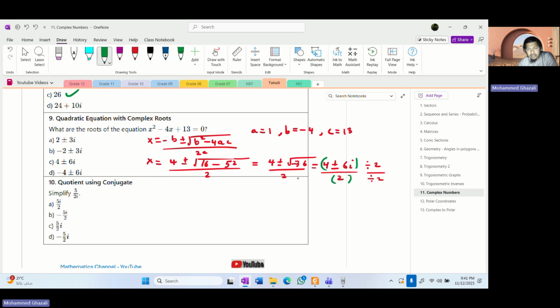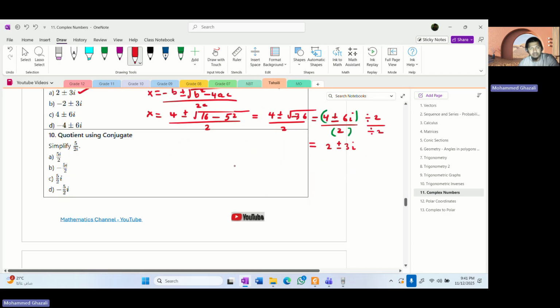So you have to divide each term by 2. 4 divided by 2 is 2. 6 divided by 2 is 3. 2 divided by 2 is 1, all right? So 2 plus or minus 3i. So the answer is A. Moving on to the next question.